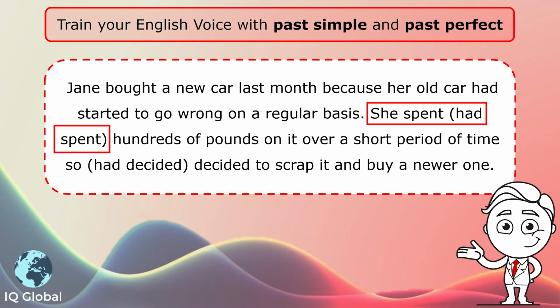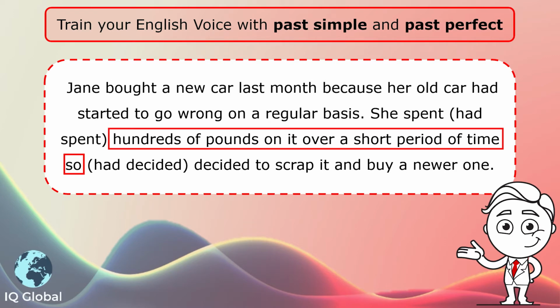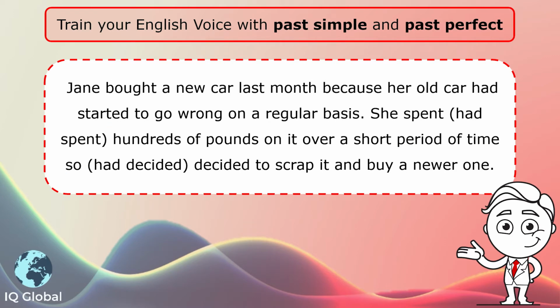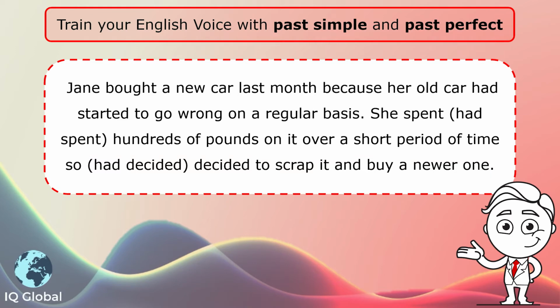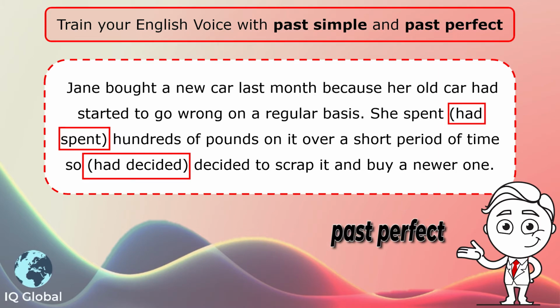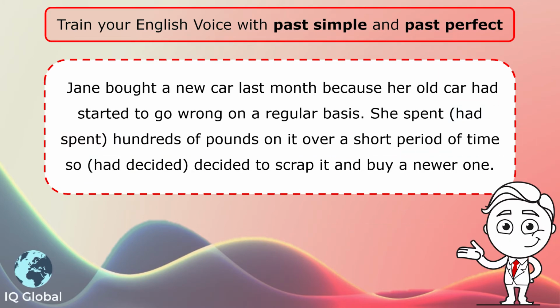She spent hundreds of pounds on it over a short period of time, so decided to scrap it and buy a newer one. So instead of using had spent or had decided, the past perfect, we can now, because it's something that's happened before this event, it happened in the past, it's completed, we can use the past simple. She spent, decided.